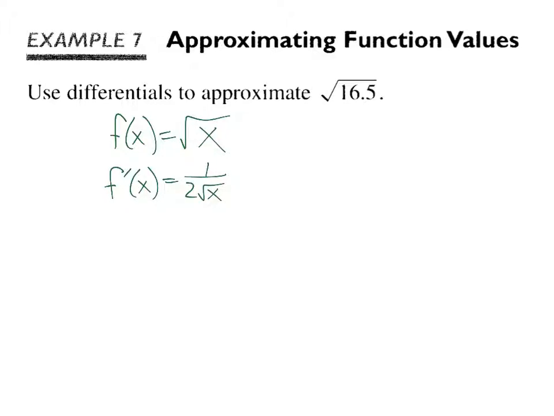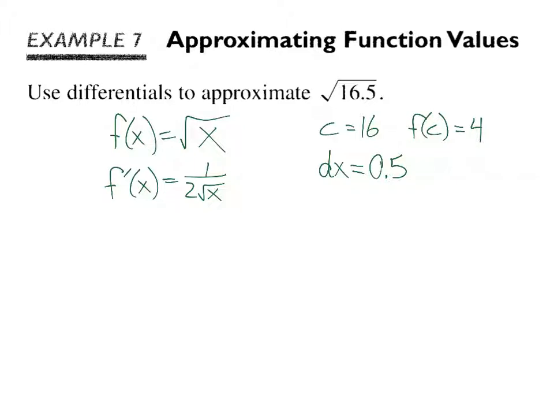Now, you've got to think, on the square root of x, what's the closest value of x to 16.5 that I know the square root of? 16. So I'm going to let c equal 16, and that means f of c is going to be 4. That also means my dx equals what? 0.5. How far away is the point I want from the point I know? It's 0.5 away.